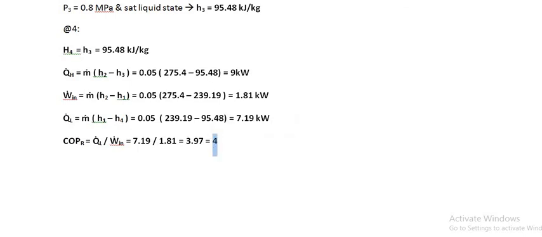So this is it. This means that this refrigerator actually produces an output 4 times the input provided to it, which, practically speaking, is very good compared to the coefficients of performance of actual refrigeration cycles.